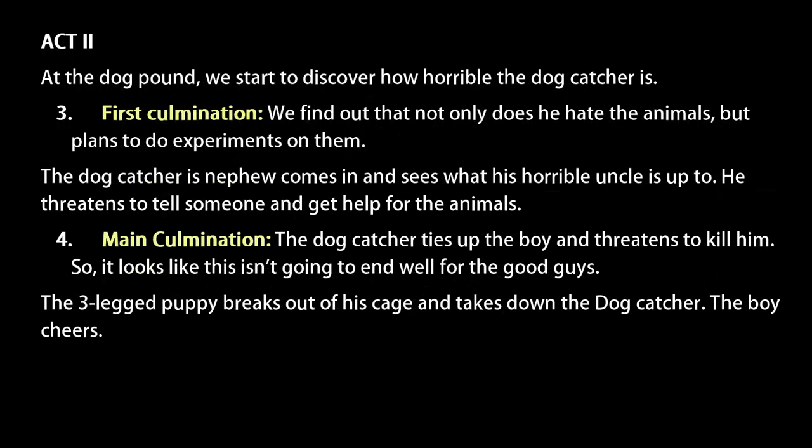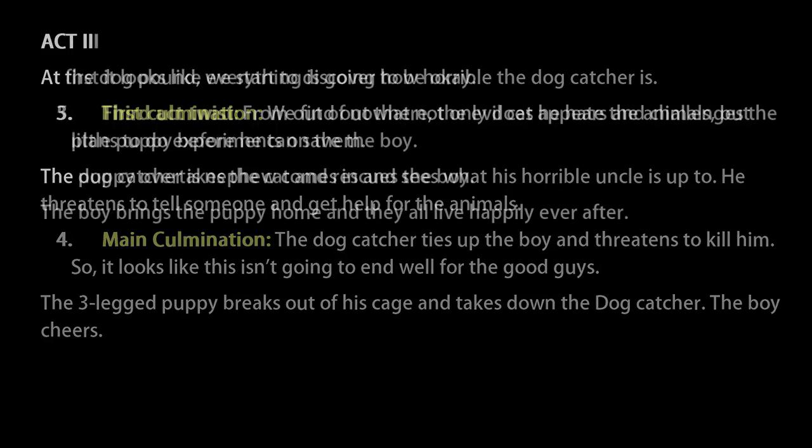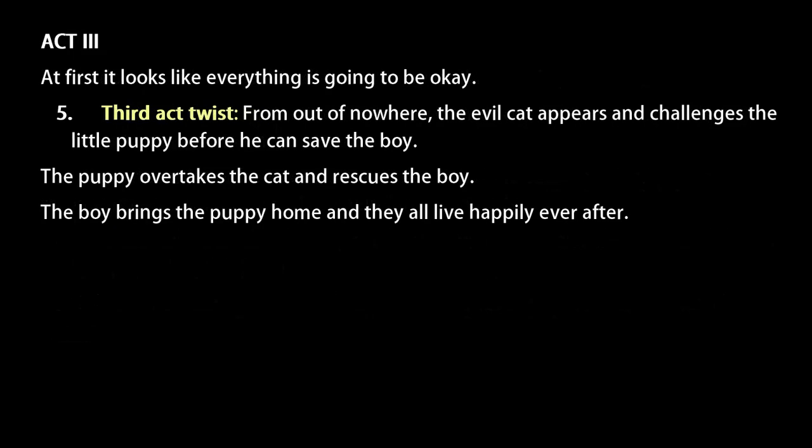I move on to Act 2, and I explain what the first culmination is, and the main culmination. And then finally I get to Act 3, and I describe what the 3rd act twist is, and then I tie up the conclusion of the story. And remember that you can find information about the 3 acts and the 5 plot points in an earlier assignment.